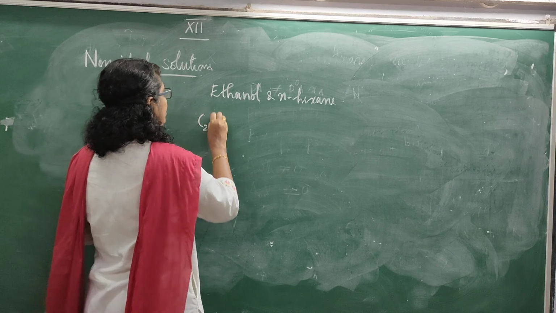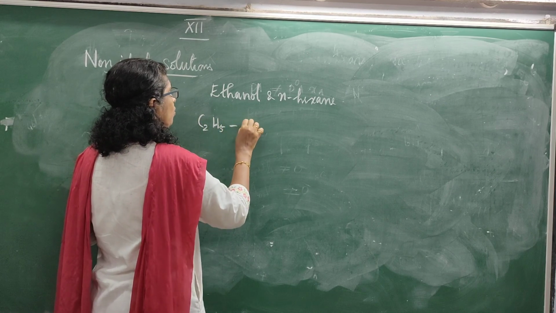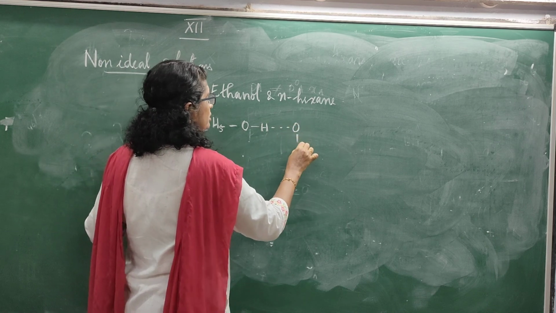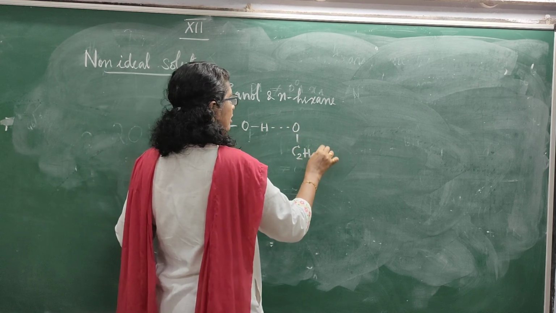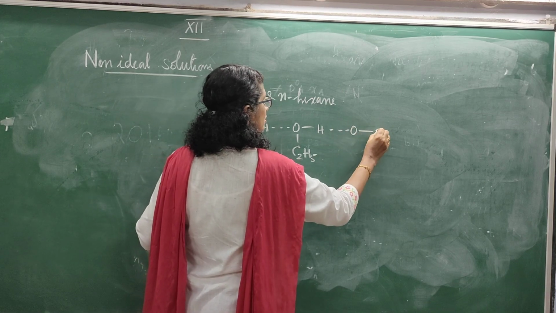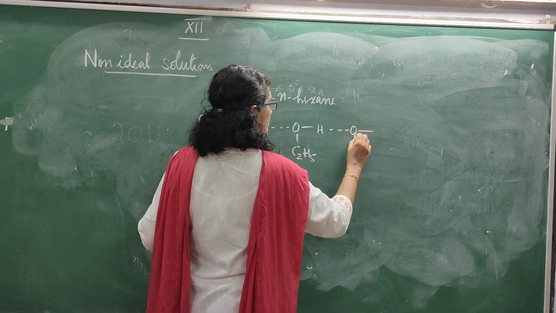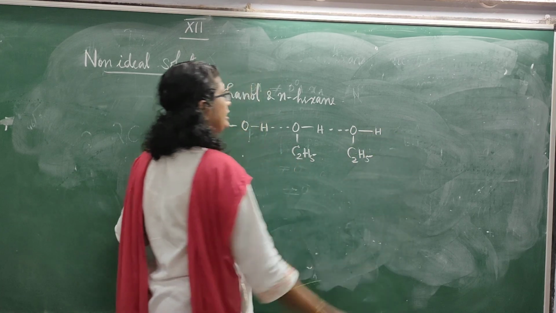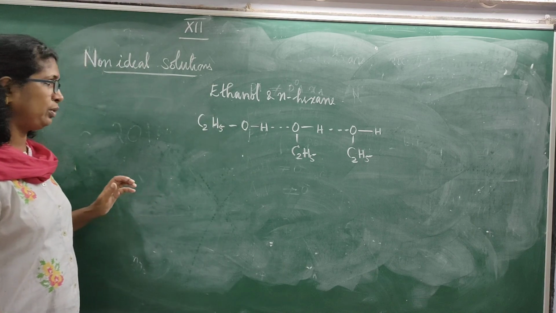That is, C2H5OH, then O, C2H5, like this. There is intermolecular hydrogen bonding.